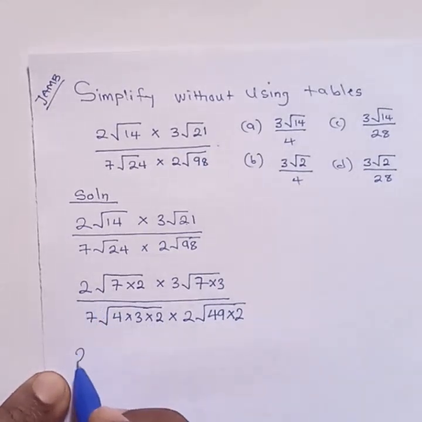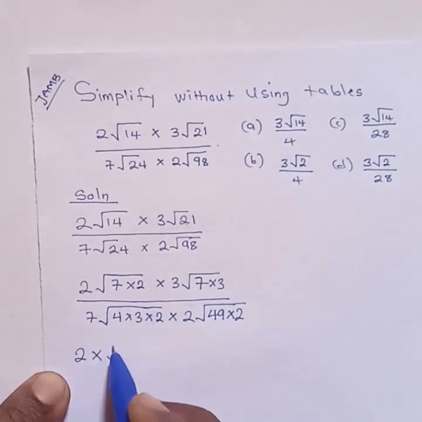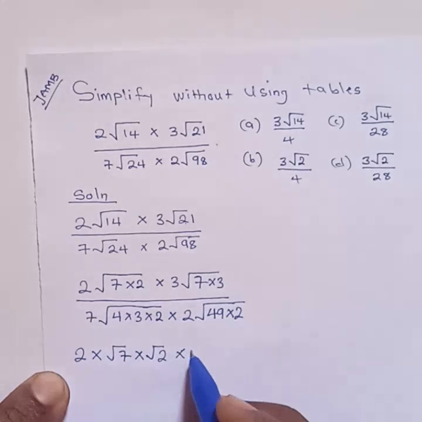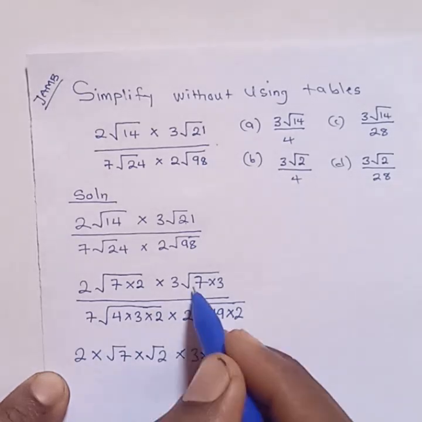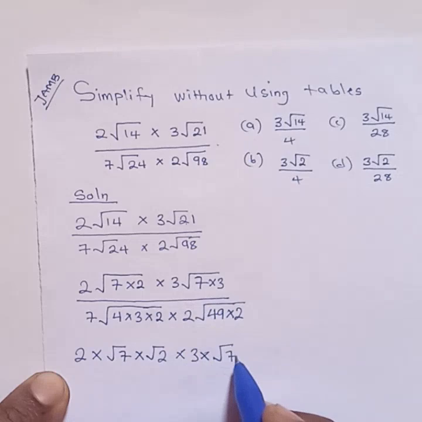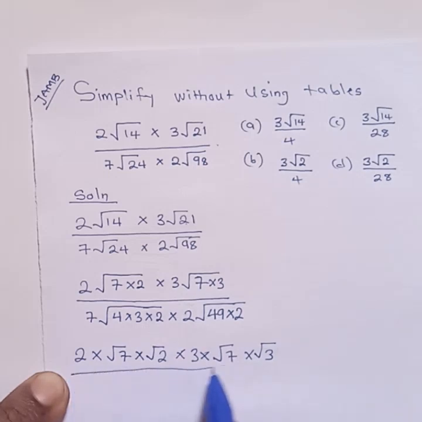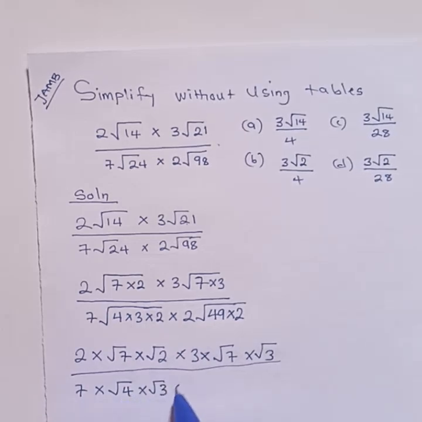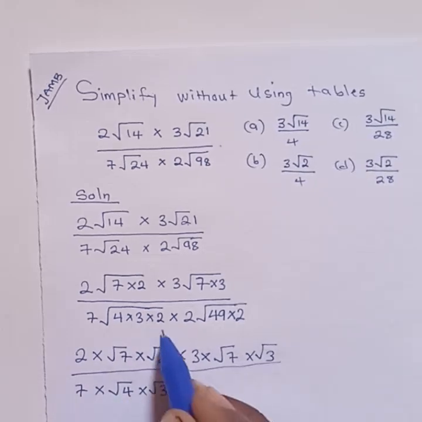So we're going to have 2 multiplied by square root of 7 times square root of 2, right? Multiplied by 3 times square root of 7 times square root of 3, all over, here we'll have 7 times square root of 4 times square root of 3 times square root of 2, that is for this.